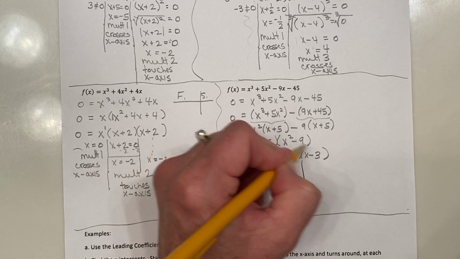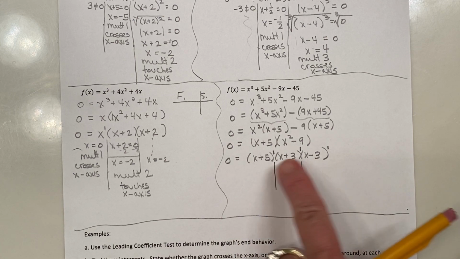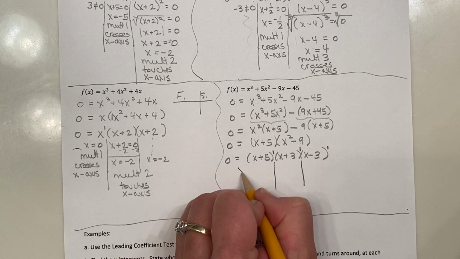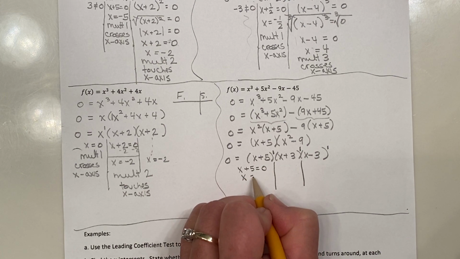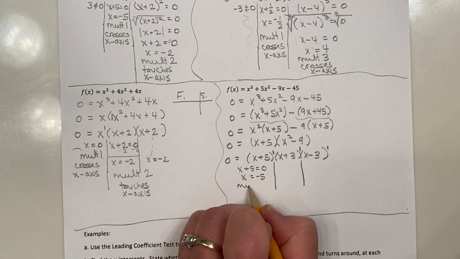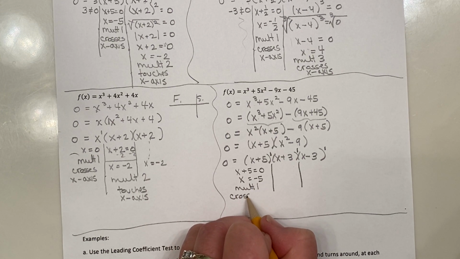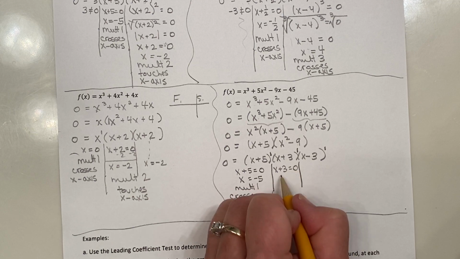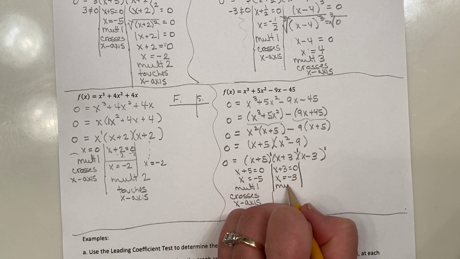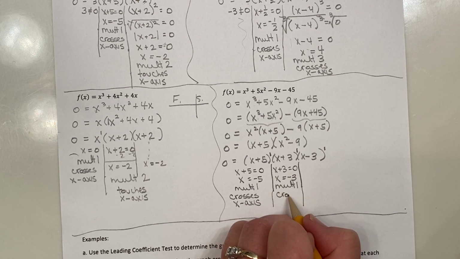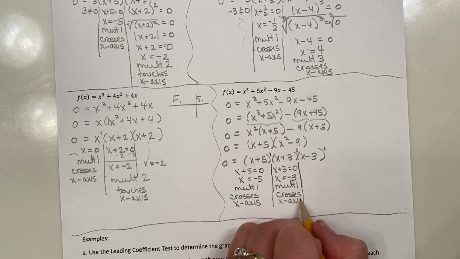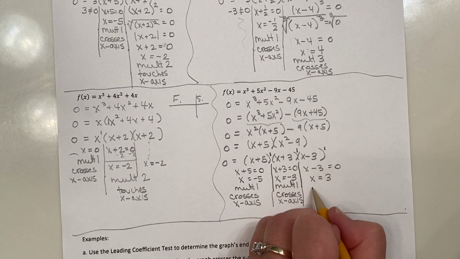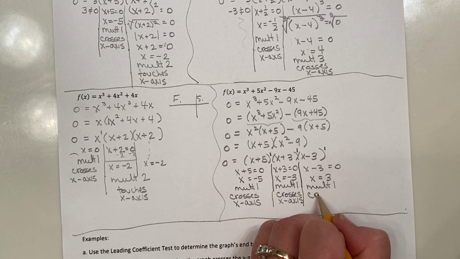I think we can see that each of these zeros, negative 5, negative 3, and positive 3, each of them are going to occur only once, multiplicity 1, and we're always going to cross the x-axis. Add the 3 to both sides, etc.